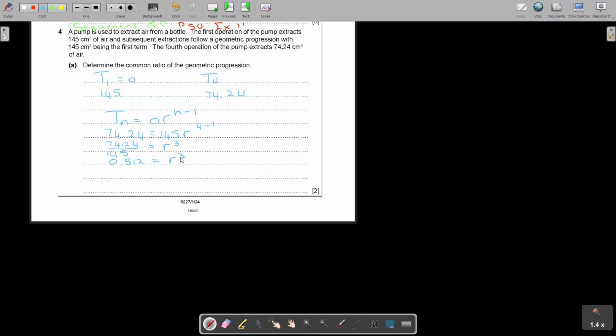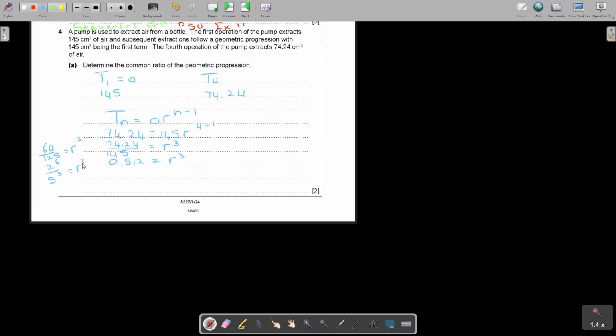Let me show you on the side. Then I got 64 over 125 is r^3, and 64 was 2 to the power 6, and 125 was 5 to the power of 3, and that was r^3.